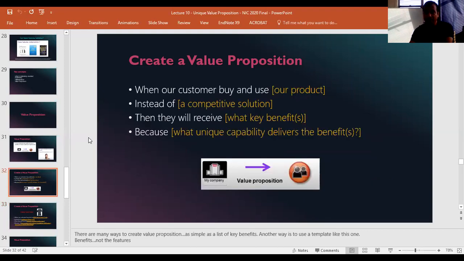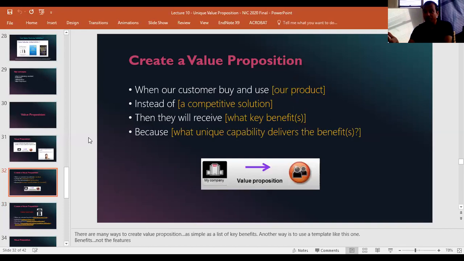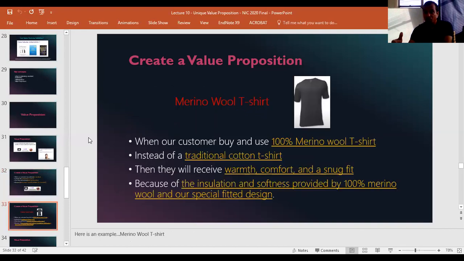The important thing is you need to have one clear product. You will do the same thing for your assignment as well, right? You formulate a value proposition of the key products you are targeting for your project. What product you choose, and what competitive position, instead of a traditional cotton t-shirt, and the set of benefits: warmth, comfort, and a snug, proper fit.